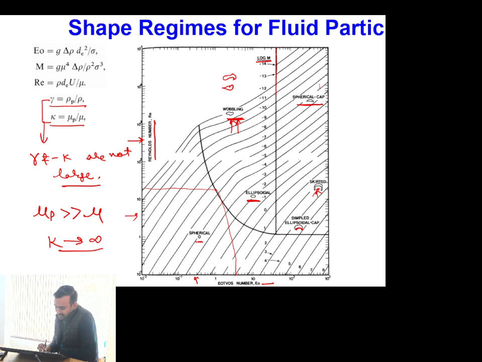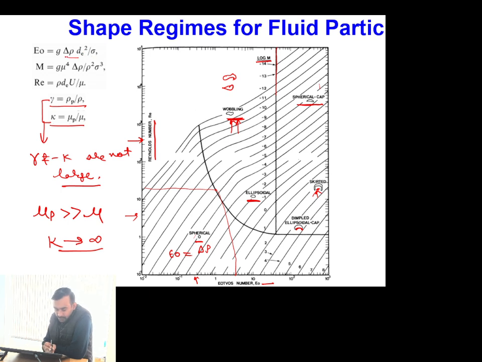So in this case, what do you have? You have a droplet size so small that the Eötvös number is low. What does it mean? The Eötvös number is nothing but the balance of delta rho g d squared by sigma.